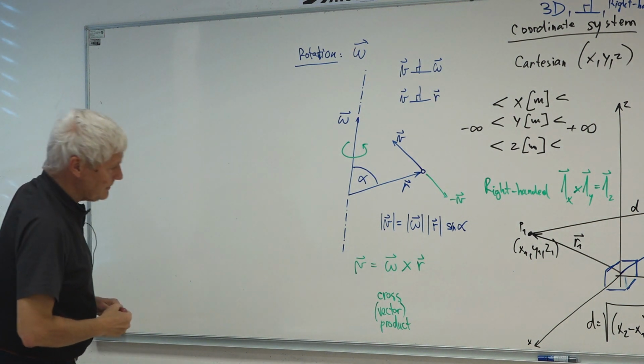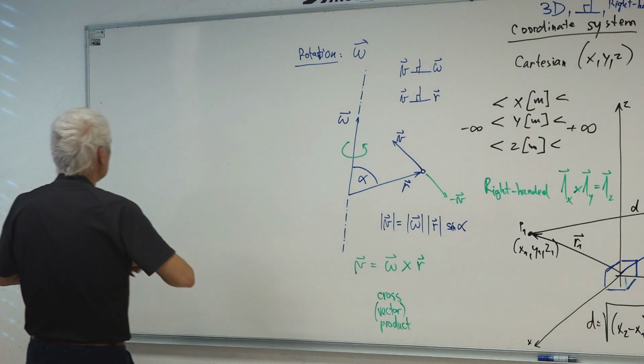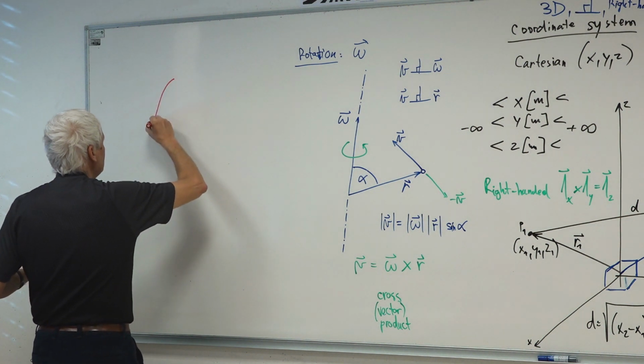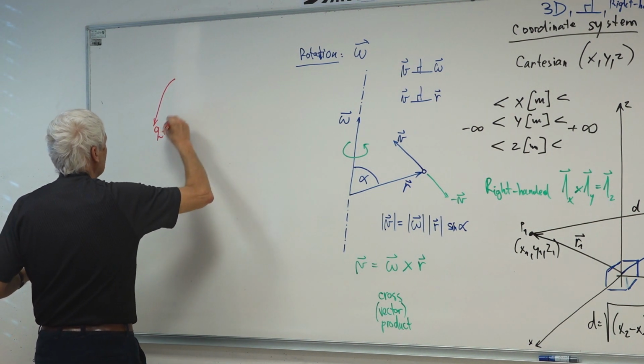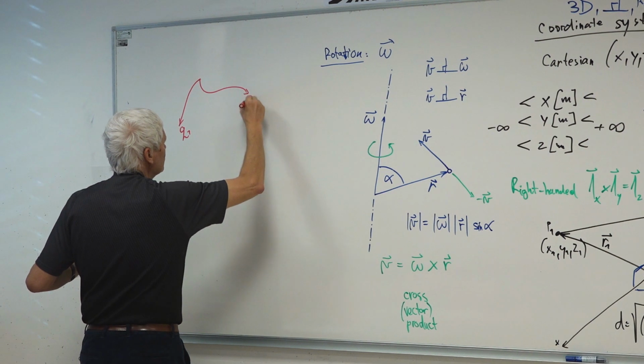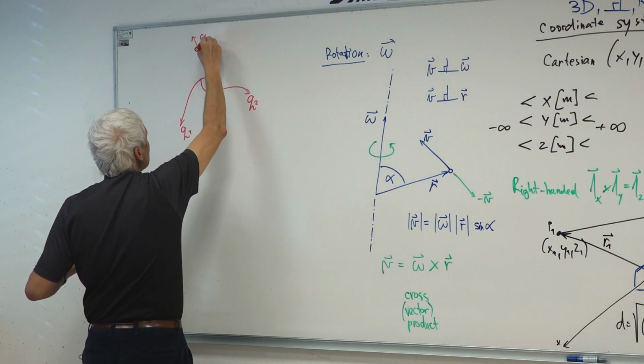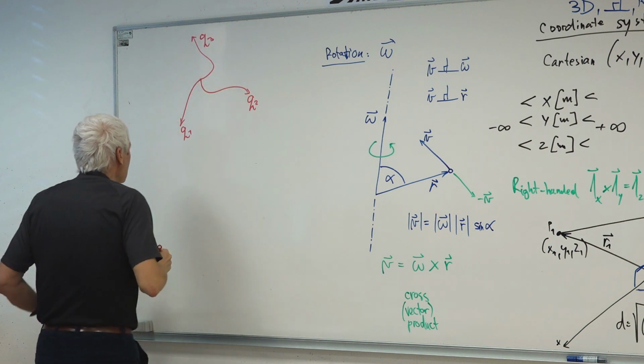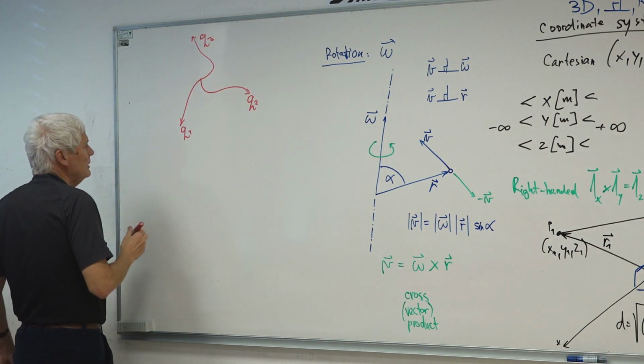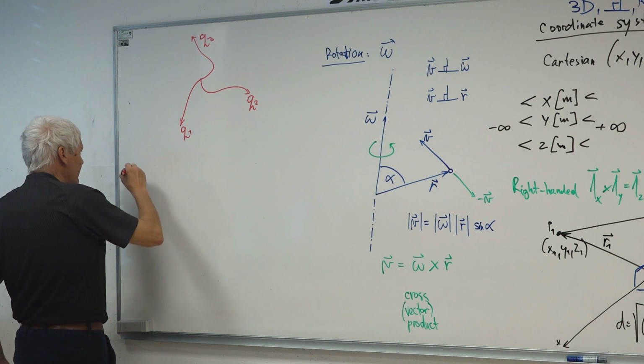So in an arbitrary coordinate system where I have three curvilinear coordinates, say q1, q2, q3, that have arbitrary units, I have also these Lamé coefficients or scale factors.